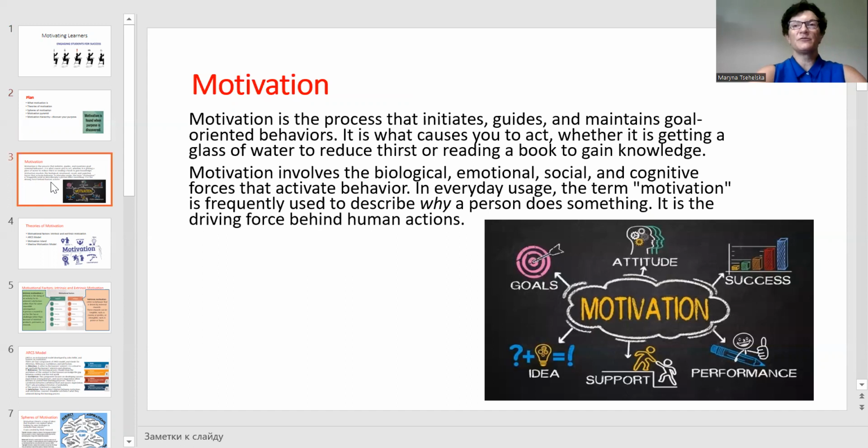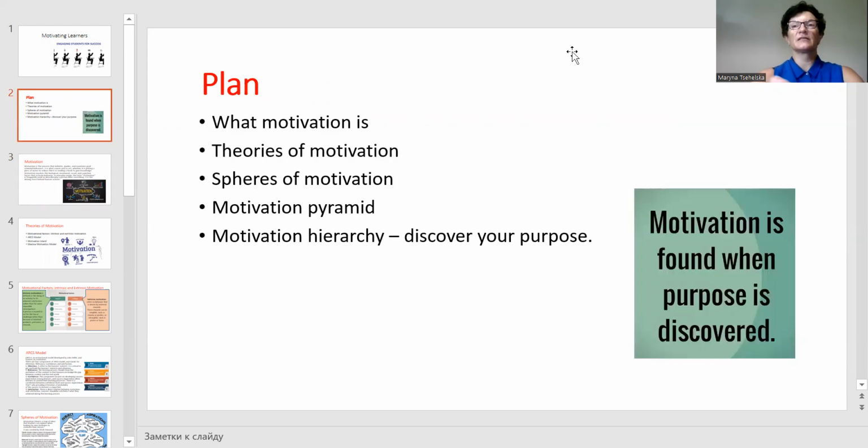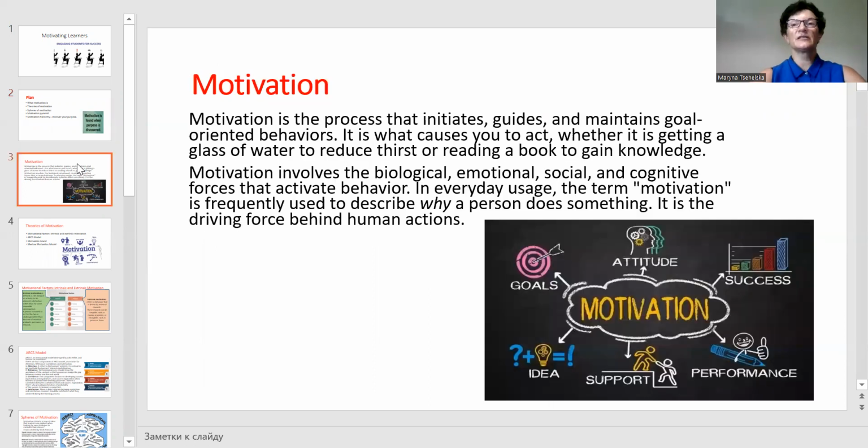So what is motivation? Motivation is everything. Motivation, as the sign here says, is found when purpose is discovered. It means that if you have no purpose, you probably won't be motivated.